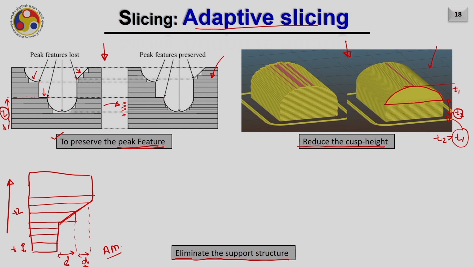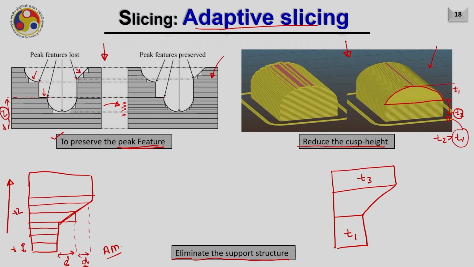Assume that now I am creating the same part with adaptive layers. Now I can create this part up to this height with this thickness, that is maybe T1. Then this zone is also not having any overhang. I am calling this layer thickness T3.